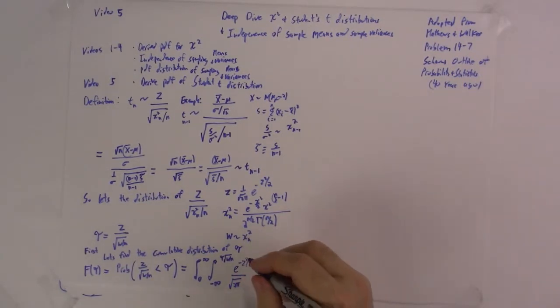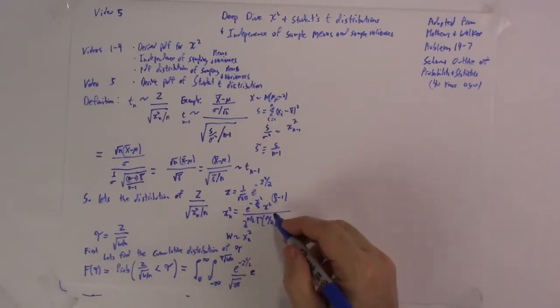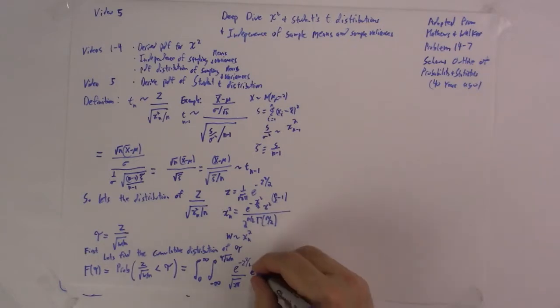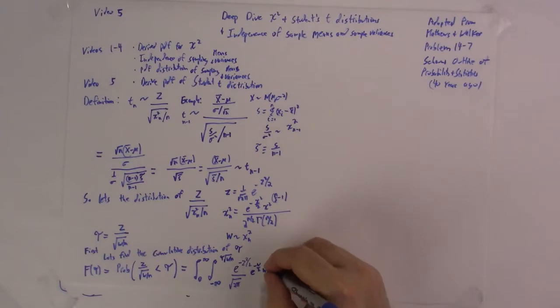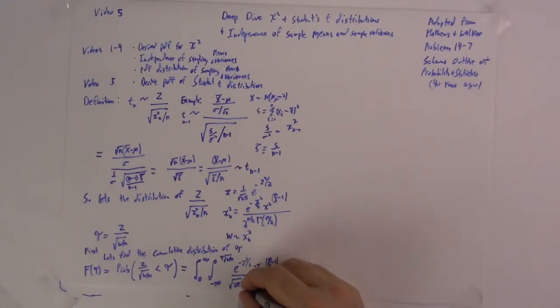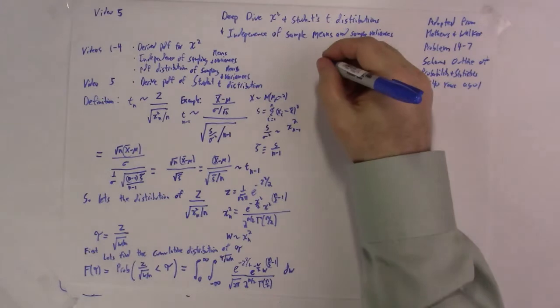And then I have, now I'm going from the chi squared, but I'm using w for chi squared, e to the minus w over 2, w to the n over 2 minus 1, and we're going to have a bunch of constant factors which are a pain in the neck to carry along, 2 to the n over 2 gamma of n over 2.